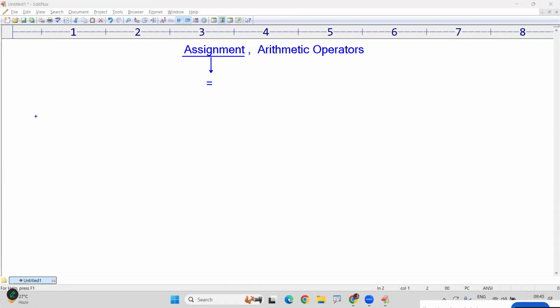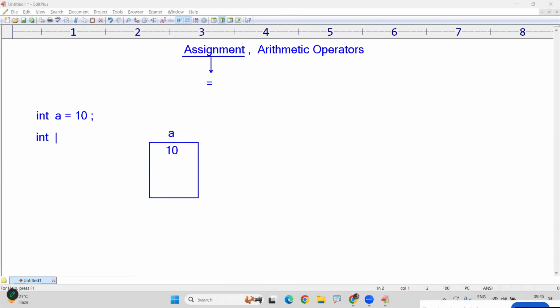Look at this. I'm just taking int a equals 10. The value 10 I want to store into variable a. Here it is. a will get memory, and the value 10 will be stored inside. Next, if you want to store another value into a, look at this, a very important one.